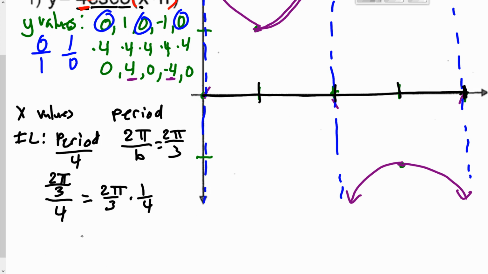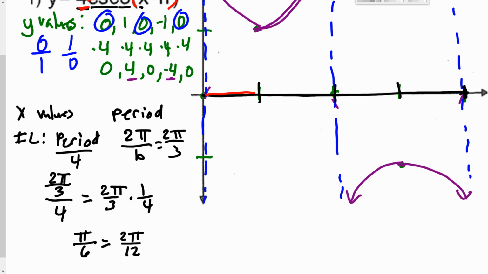So we get pi sixth, or 2 pi twelfths. So that's our interval length, so that's the distance between here and here, between here and here, here and here, here and here.